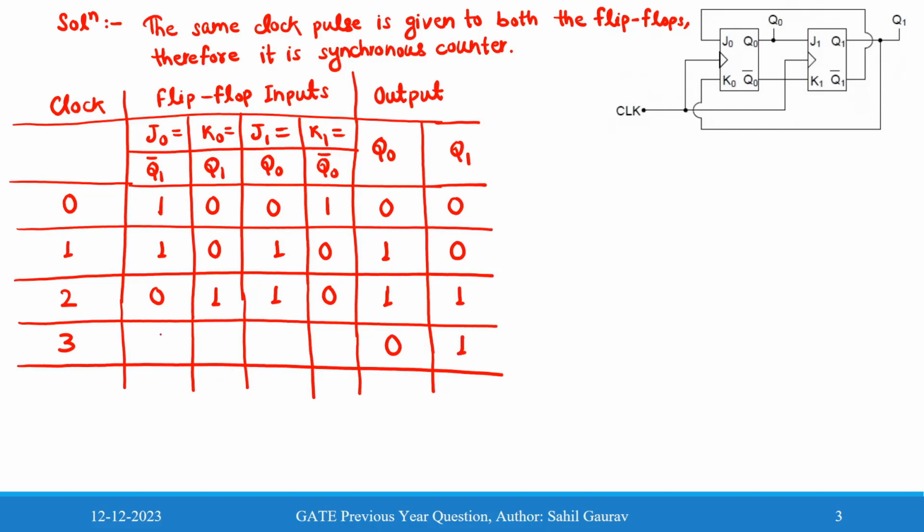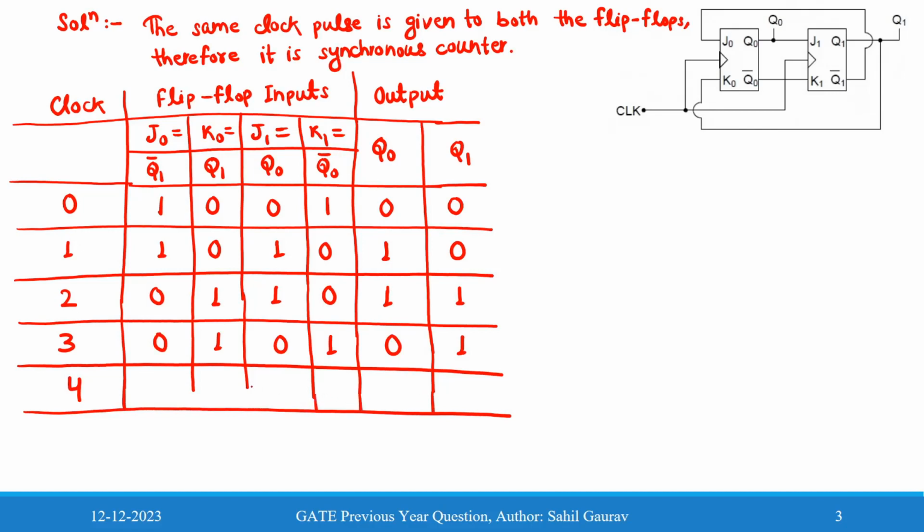So J0 equal to Q1 bar, that is 0, it is 1, and Q0 is 0, Q1 bar is 1. Now based on this input to the flip-flop, we will get the output for the fourth clock pulse.